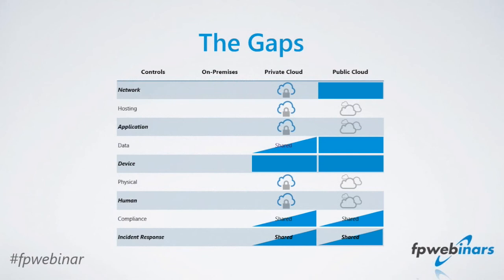You can push agents out to devices to do some web filtering and some anti-malware type of things. But at the end of the day, it is what it is, and if you don't have the infrastructure or the budget to get the infrastructure to offset some of these things, then you either have to go another route like private or leave it on-prem, or choose to live with the risk. And depending on the amount of risk, that's a valid decision.